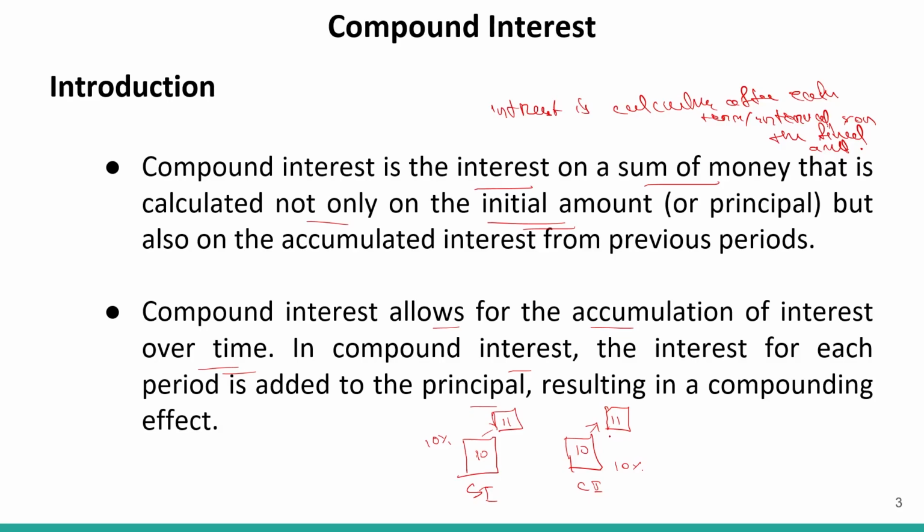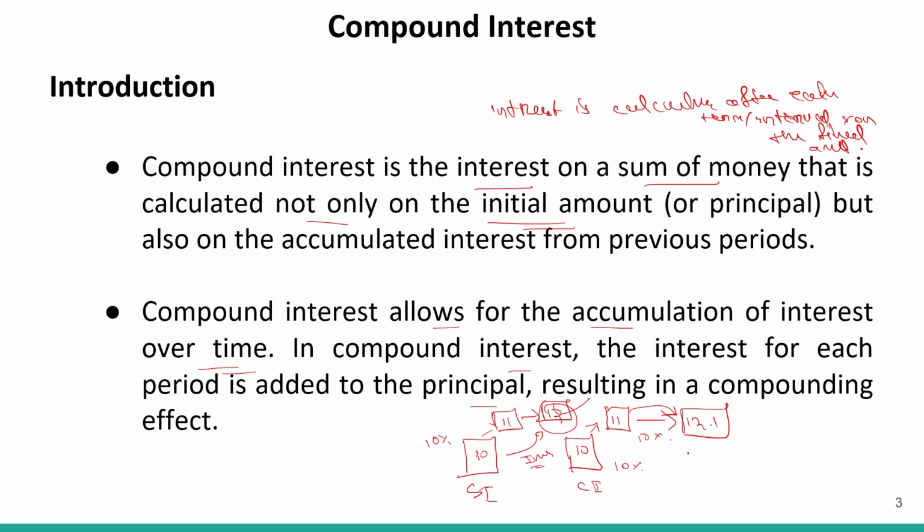But what makes compound interest different from simple interest comes from the second year. After the second year, the interest will be 10% on 11, but in the simple interest case it will become 12, because the interest there comes from the initial amount. For compound interest, on 11 it will be 12.1.